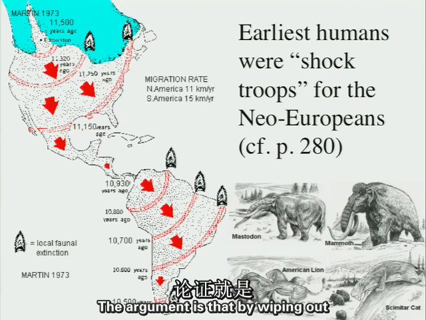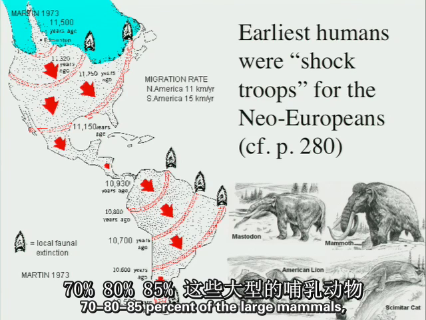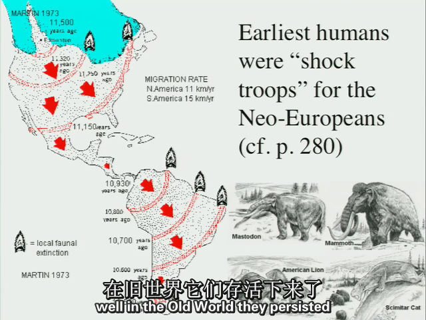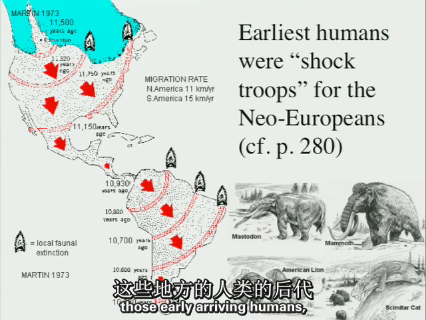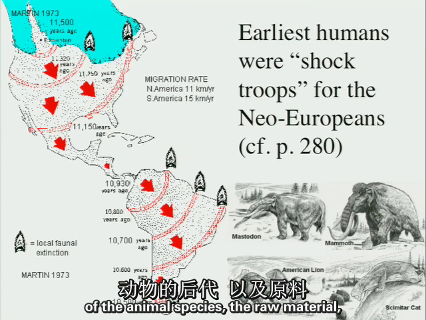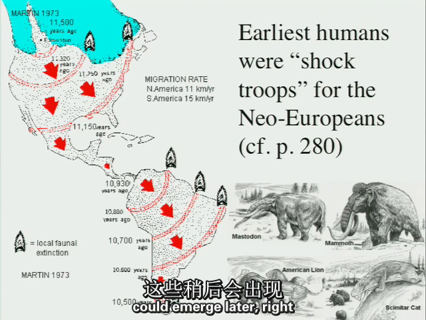The argument is that by wiping out a large percentage, 70, 80, 85% of the large mammals, the large fauna of places like the Americas, while in the Old World they persisted, this essentially deprived the descendants of those early arriving humans of the animal species, the raw material, so to speak, from which domesticated livestock could emerge later.